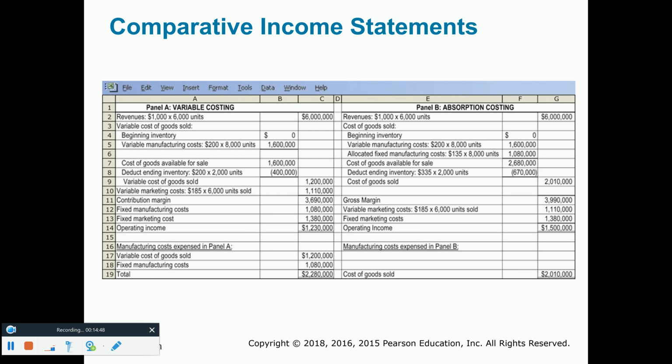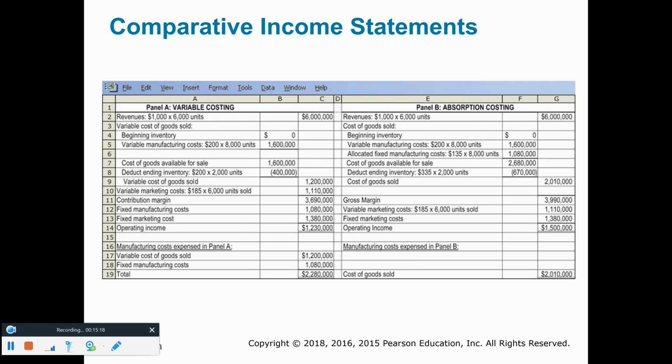It's remaining on the balance sheet as an inventory item. In this case, what did we do? We produced more units than we sold. We produced 8,000 units, and we sold 6,000 units. Because we produced more than we sold, some of the cost is hanging out on the balance sheet as part of the inventory. Because of that, the operating income is higher for absorption costing than variable costing.